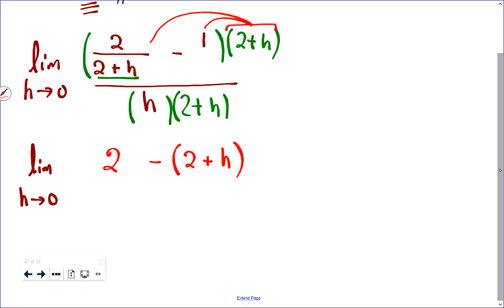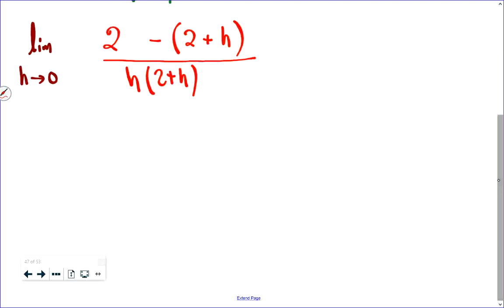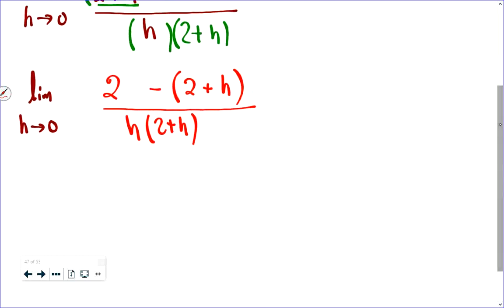You want to make sure that when you're subtracting, you subtract the entire binomial. And then on the bottom, we have h times 2 plus h. We don't want to multiply out that bottom because this h, right here, that's the problem. You want to leave it in factored form so that you'll be able to factor it out.